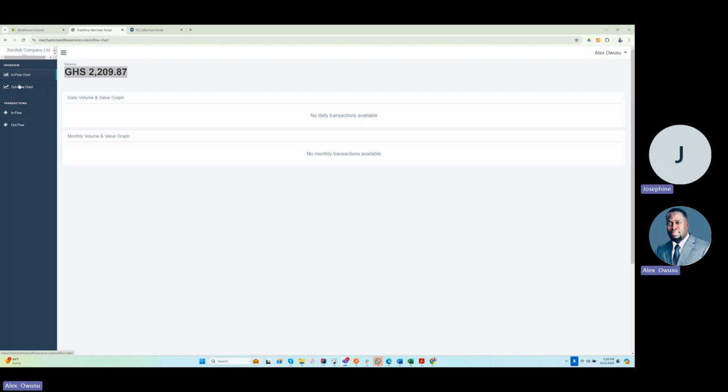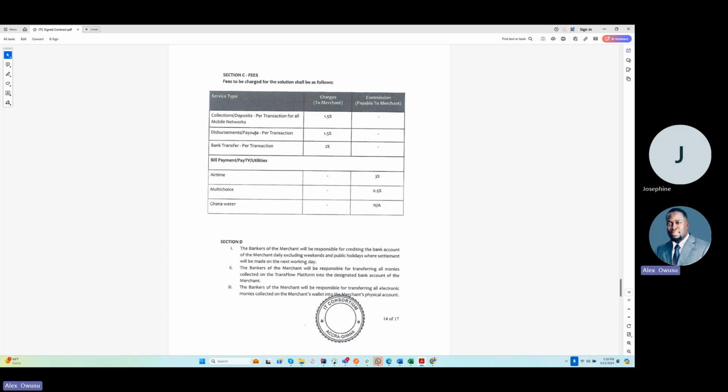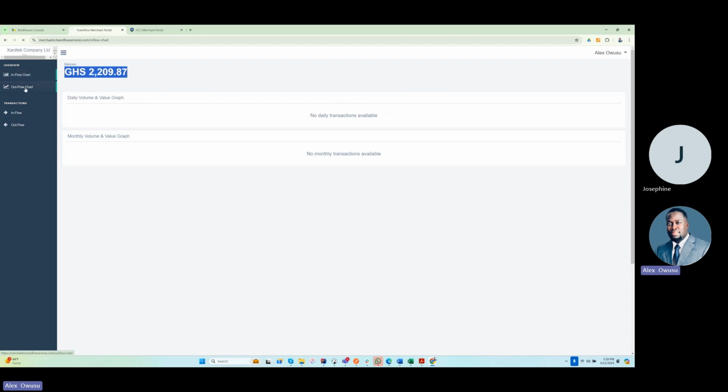And then the other one is, if you remember, the contract. So disbursement and payout is the outflow, but we can confirm with them. If I'm sending money to you from BoldAssure, that money will be taken from the pre-funded account we have with ITC.